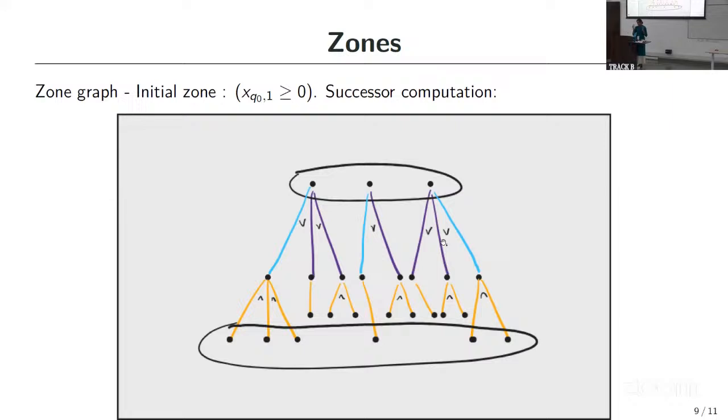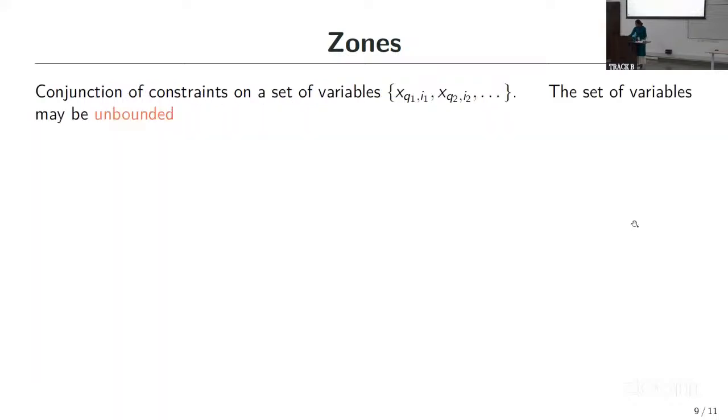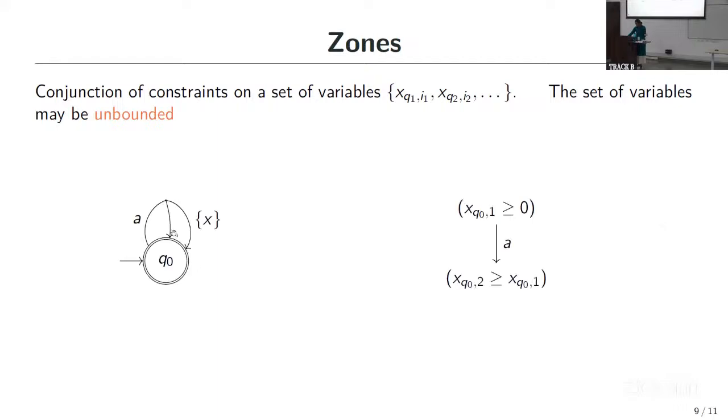It is very vague, but I do not have time to go through technicalities, but the basic picture is this. And the thing with this is that unlike traditional zones, here the set of variables could be unbounded. One dummy example for that is this automaton that just has a loop.